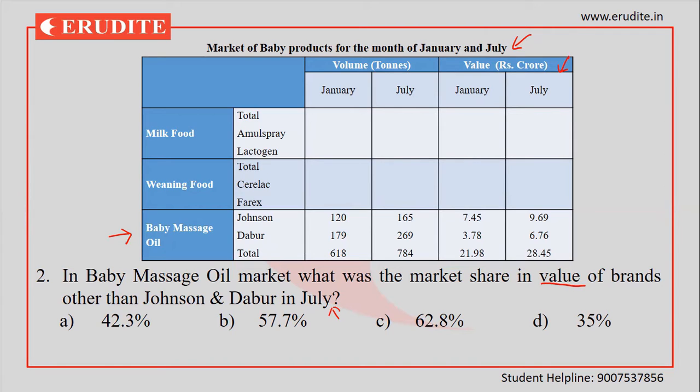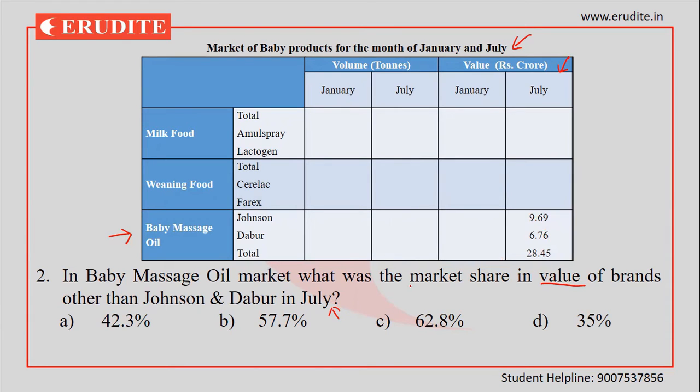So from my mind, we need to take out this other set of data so that we will not clutter our mind. Then also we can find that volume is not required because only value is mentioned, and not only value, it has mentioned July. So I can only stick to this segment. And if we check only these three data, it will be much easier to solve this one.